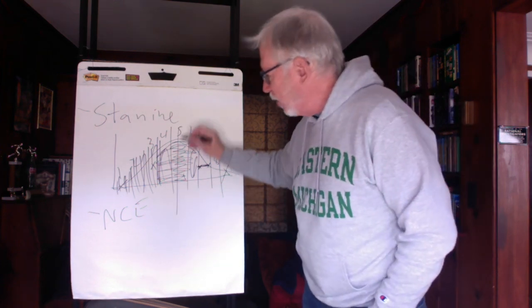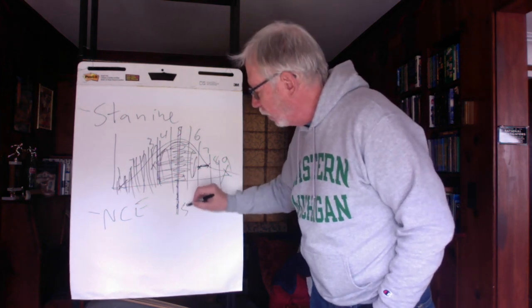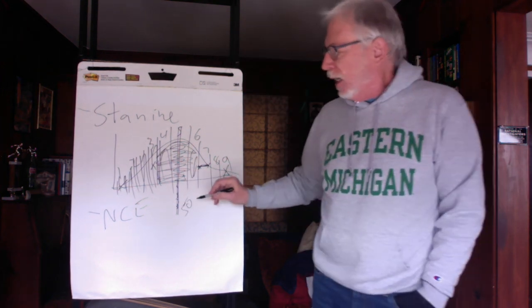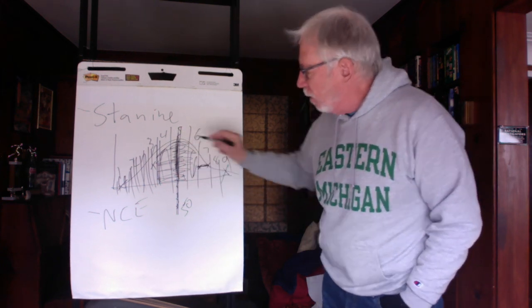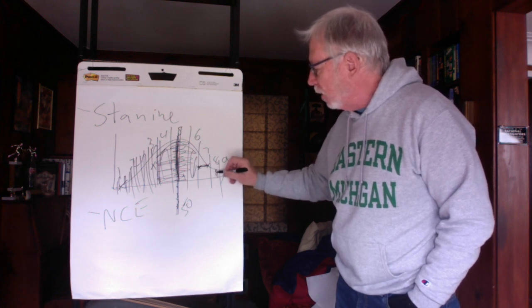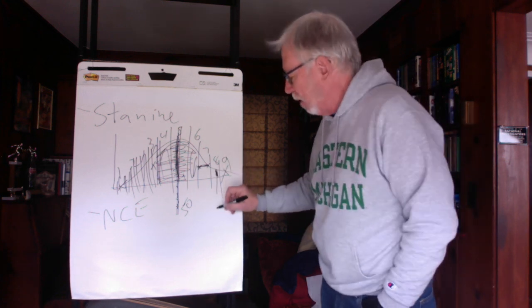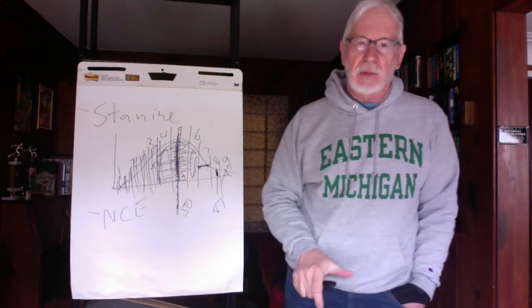As you can see here, the number of students at the 50th NCE, all these students here, are way more than, say, the number here in the, I'll make that up, 87th normal curve equivalent.